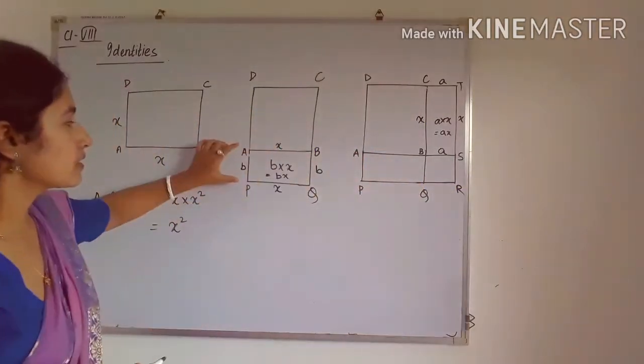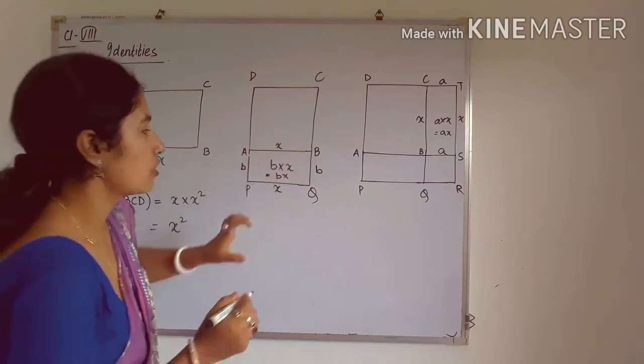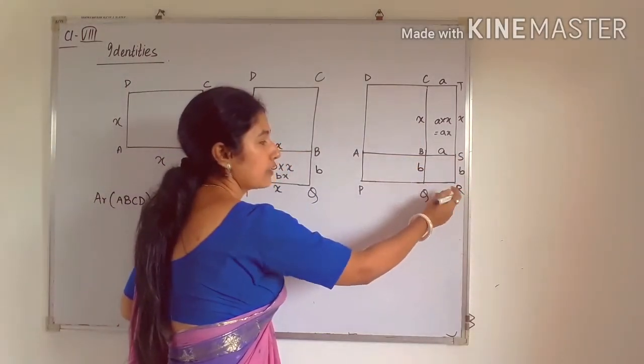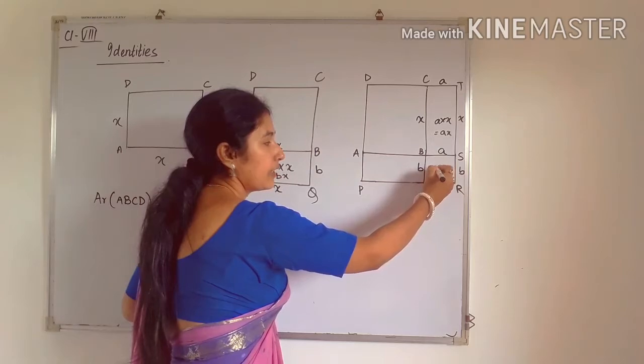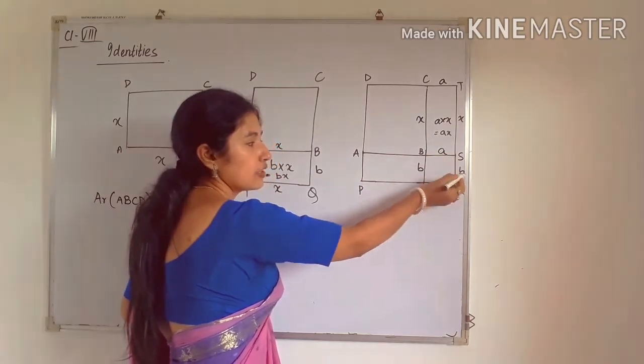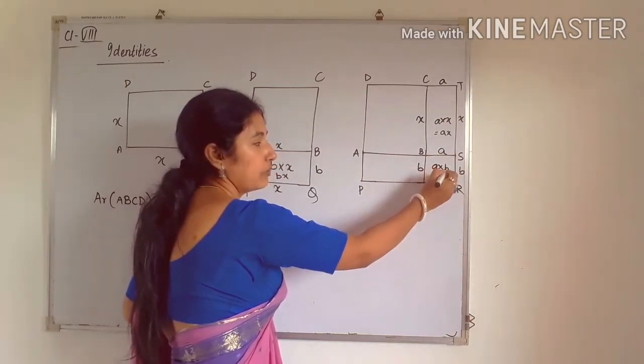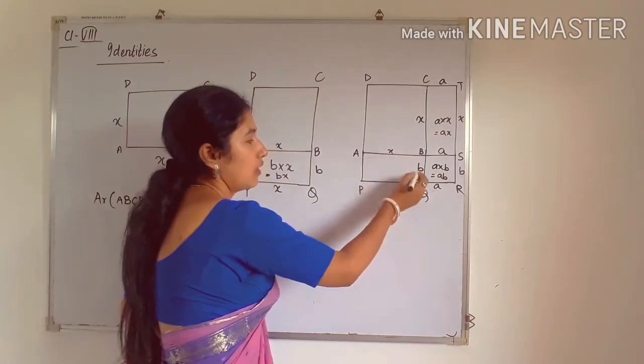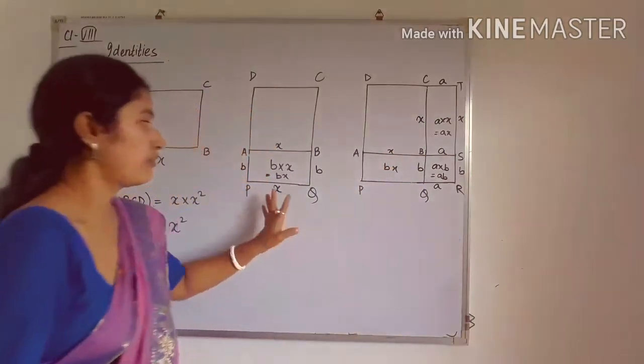See here, this length was B, so BQ is also B, that means SR will also be B, and this length will be A. So what will be the area of this rectangle? Length into breadth, that means A into B, or you can say AB.